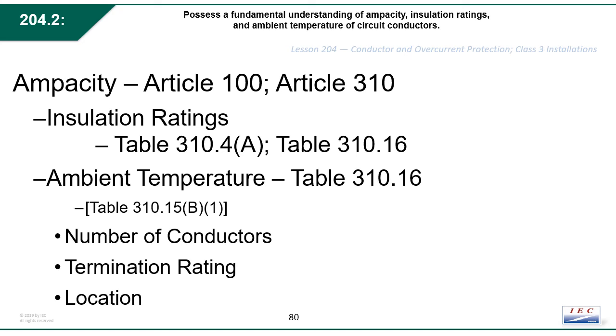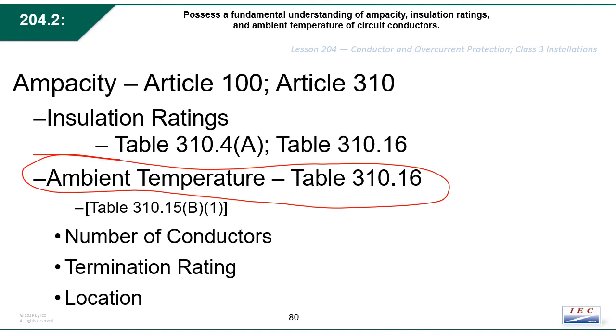In order to do that, we're going to use different tables to determine the ampacity of our conductors. Again, things to consider: ambient temperature. Are we installing it in an area that's hotter or colder than Table 310.16's temperature rating? Number of conductors. Is there more than 3 current carrying conductors in the raceway? What's the termination rating?